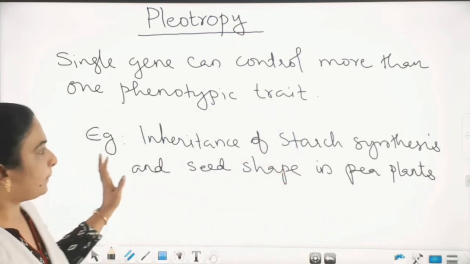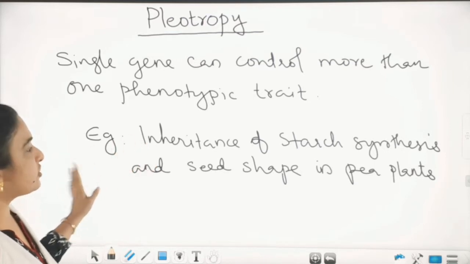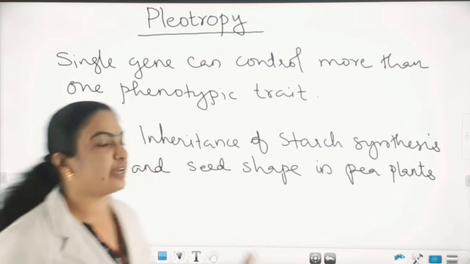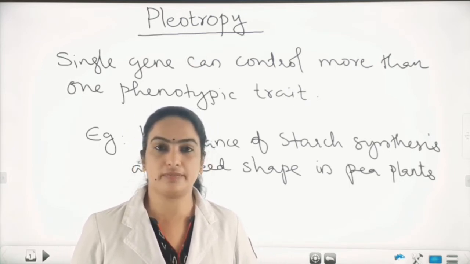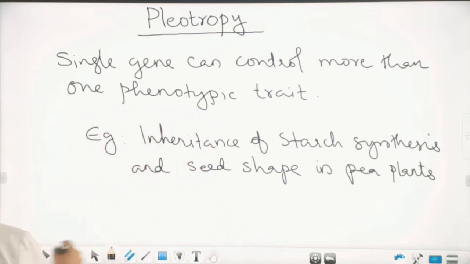So the inheritance of starch synthesis and seed shape in pea plants or in pea seeds is an example for Pleiotropy. Let's see in detail.